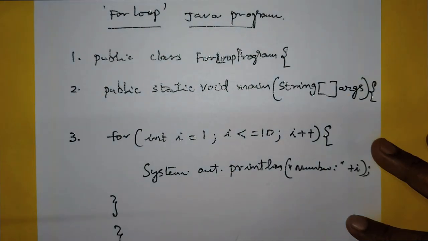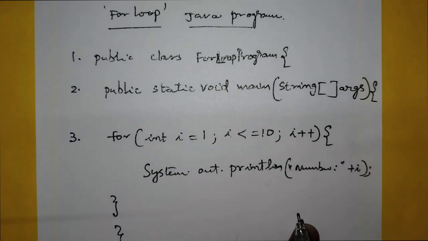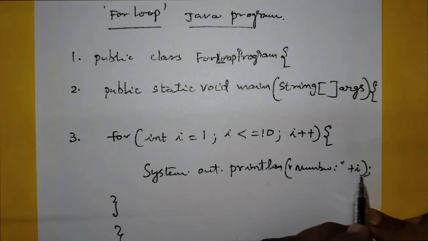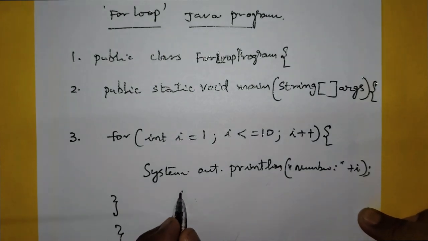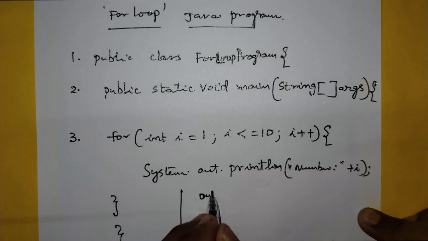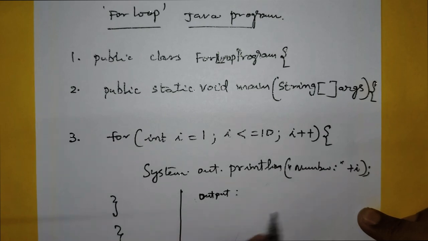So what is the output of this program? Number plus i. It will be printed as, I'm going to write the output. The output becomes Number colon 1.